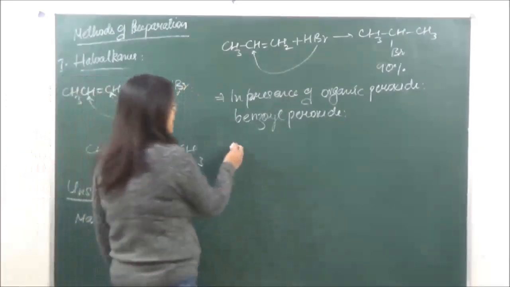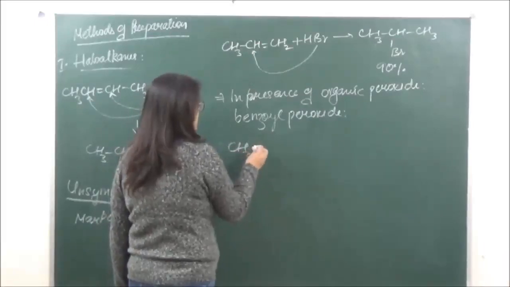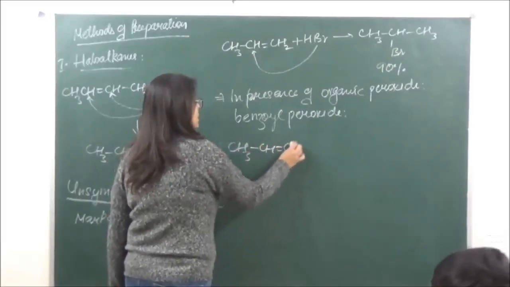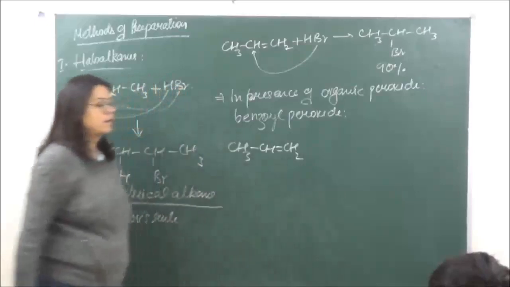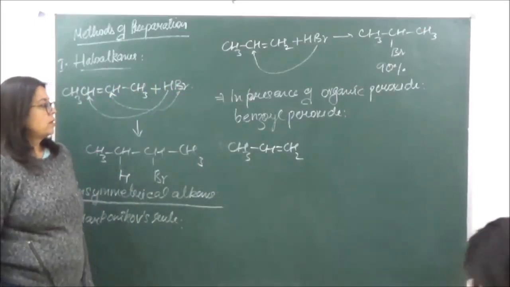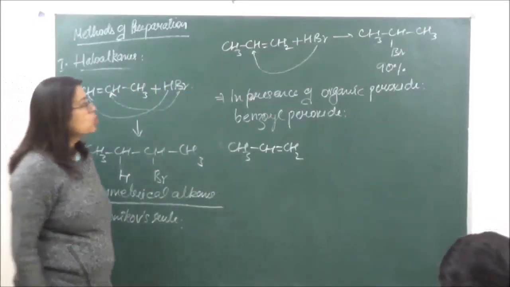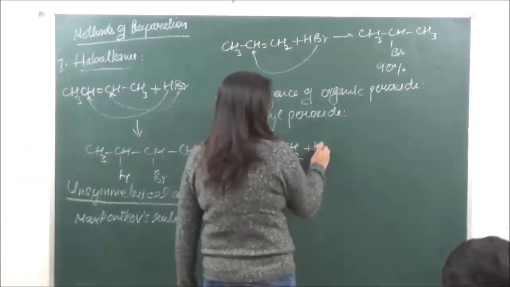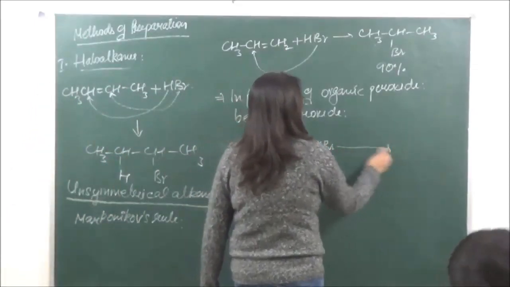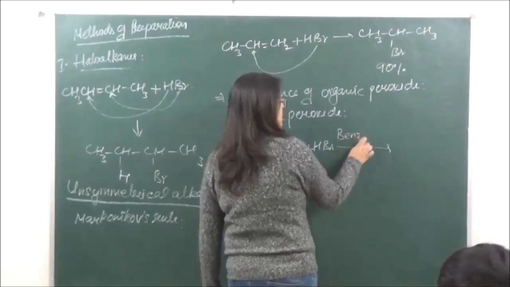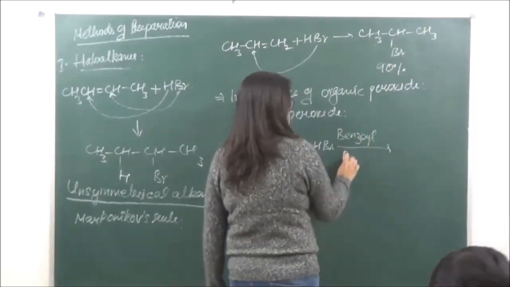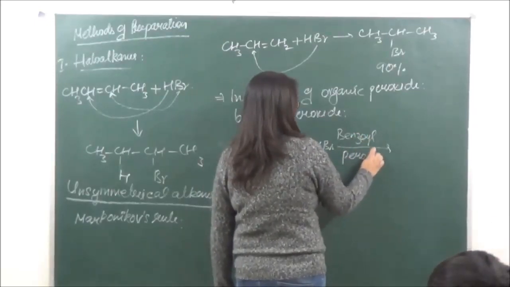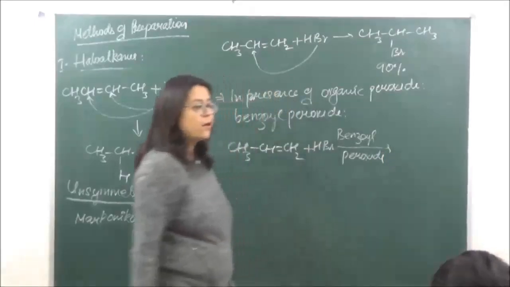So if you're doing the same reaction, CH3, CH, double bond CH2 plus HBr, we are taking over here benzoyl peroxide.